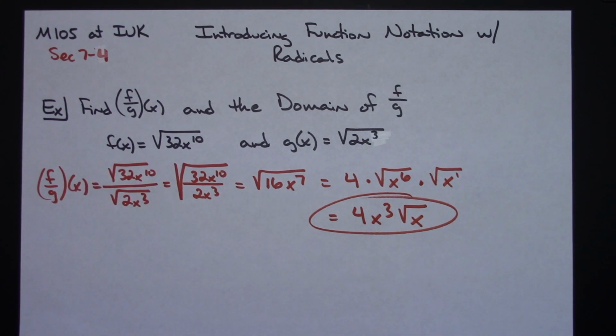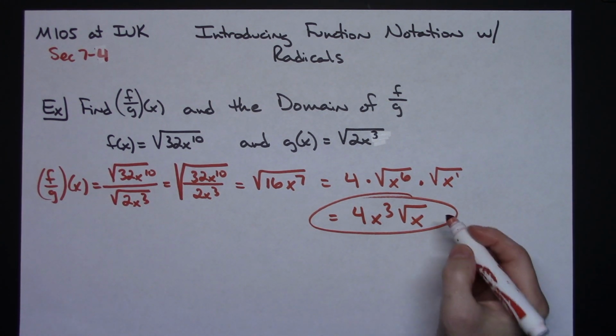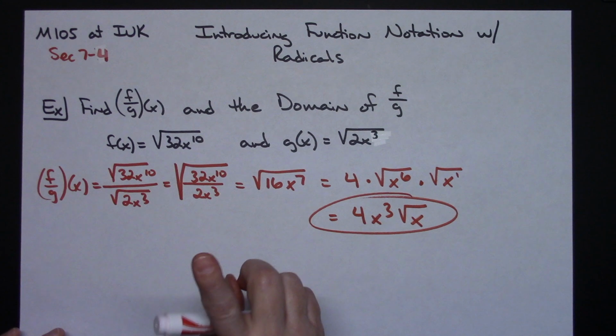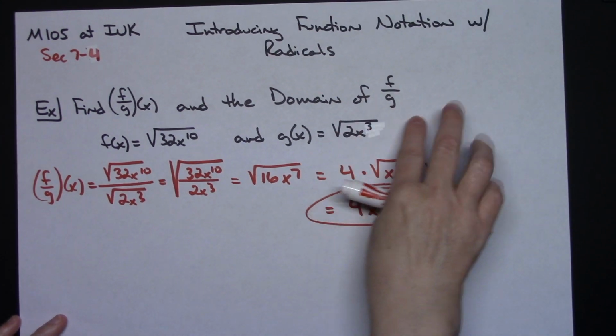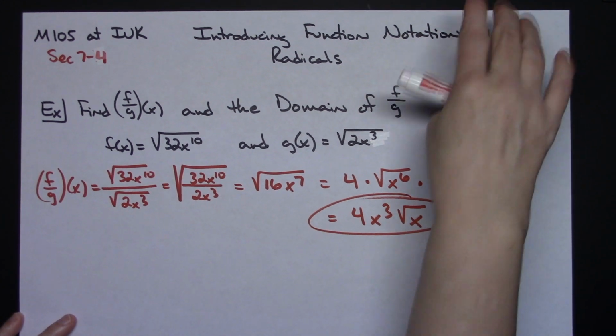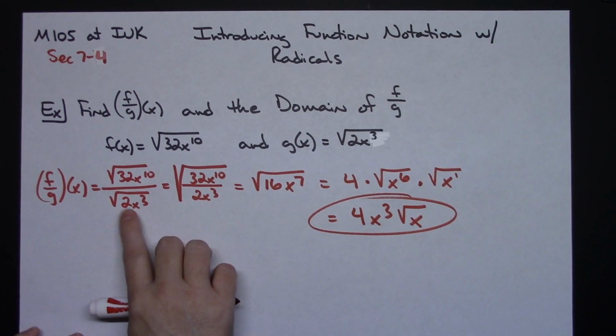Okay, now what I have to do is take a look at the domain. Here we've got to keep in mind that when I put this in the bottom of this quotient right here, that means that x cannot be 0.